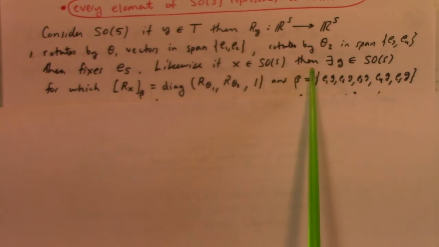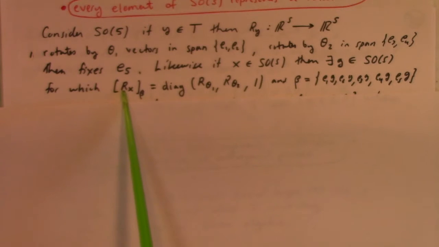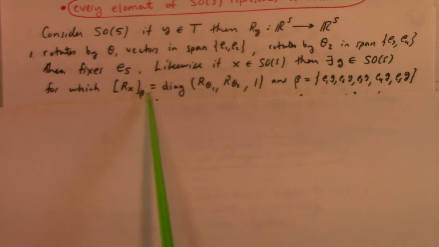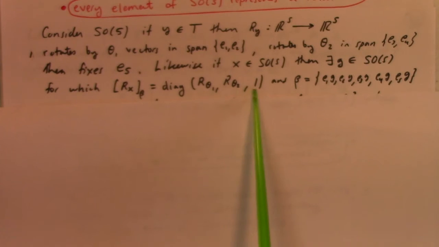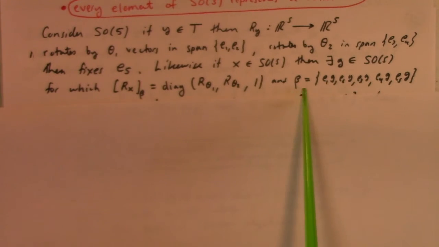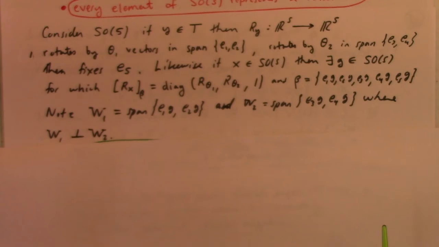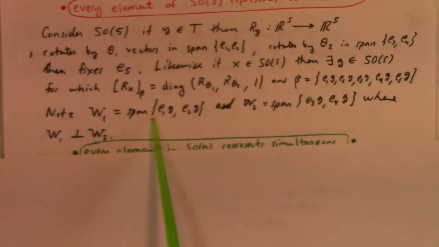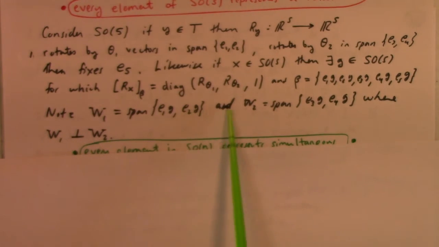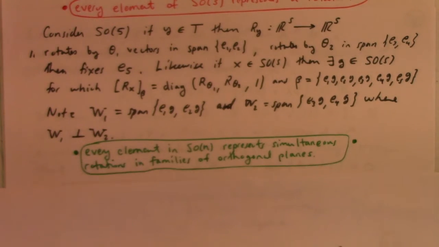Likewise, if X is in SO5, then there exists G such that Rx beta, you can change basis to get back to the standard torus, right? And so with that understanding, when you work through the details, you get that for W1 being this span and W2 being that span, W1 and W2 are perpendicular, and every element in SO5 can be looked at as rotating this to itself, that to itself, and fixing E5G, right?